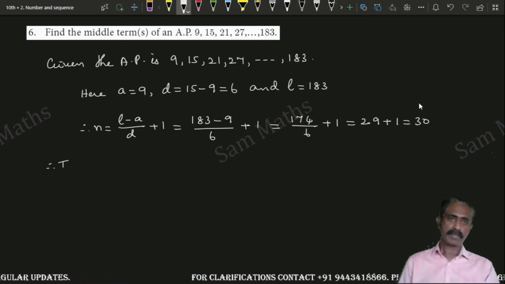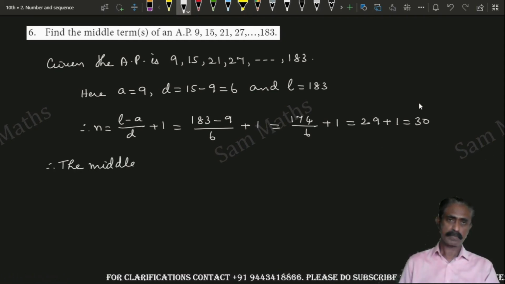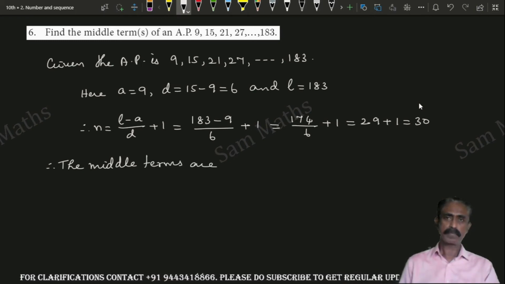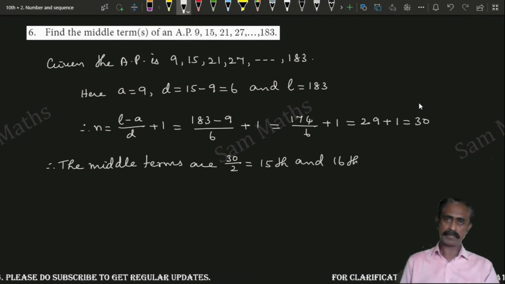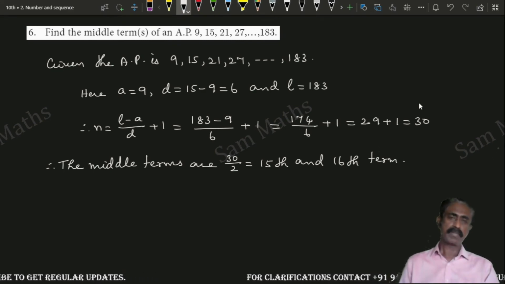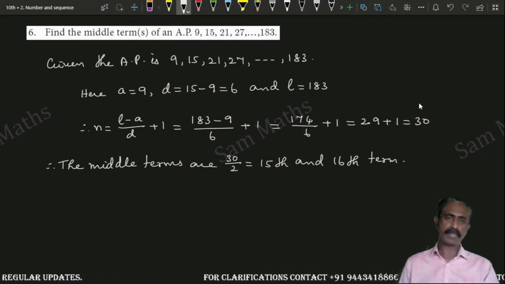Therefore, the middle terms are 30 by 2, equal to the 15th term, and the next term, the 16th term. These are the middle terms. Now we can find the 15th term.